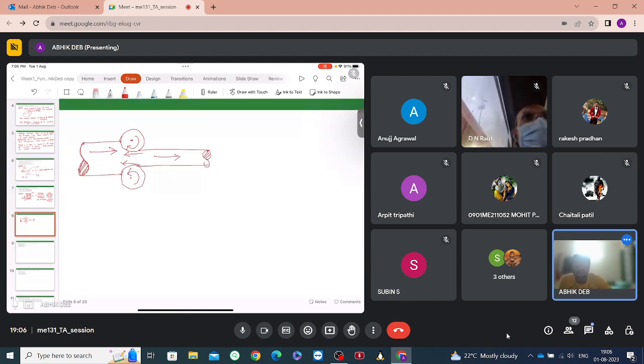The top roll will be clockwise and the second one is anti-clockwise. So have you understood why this is clockwise and anti-clockwise?